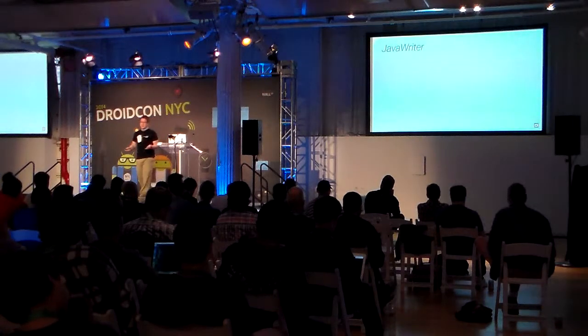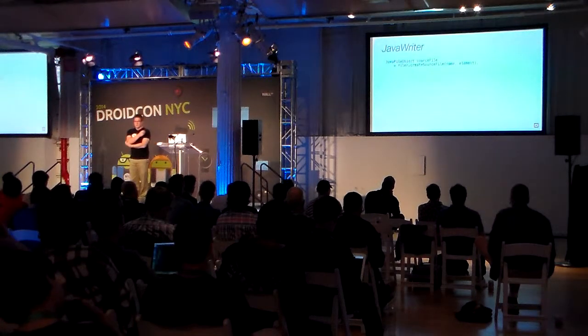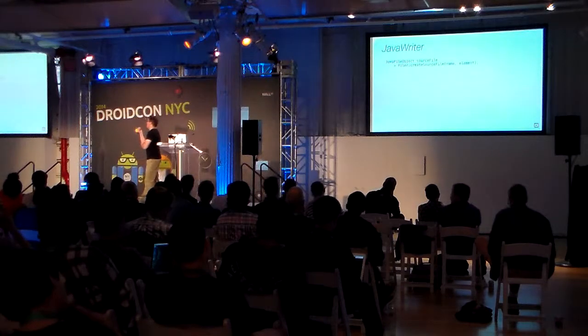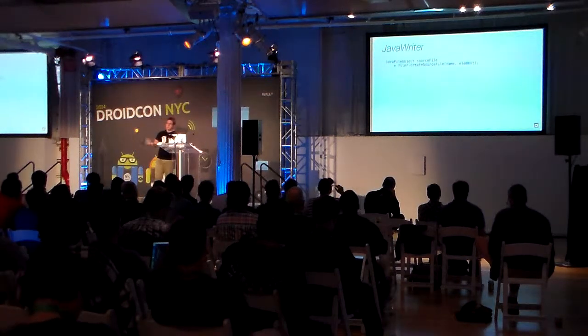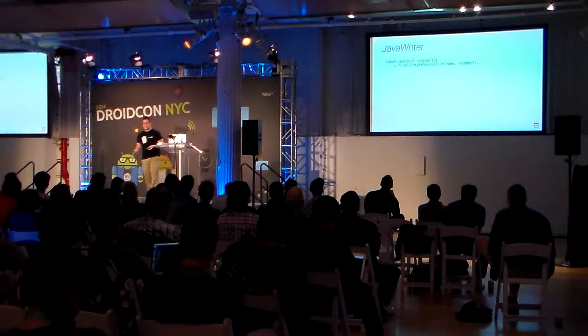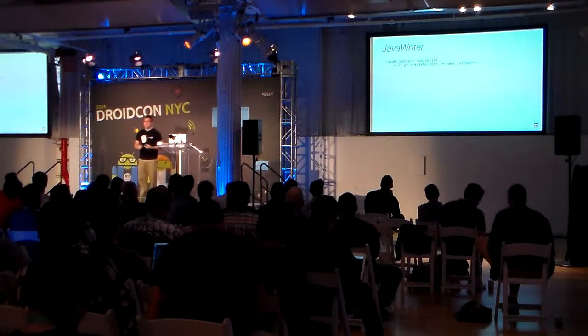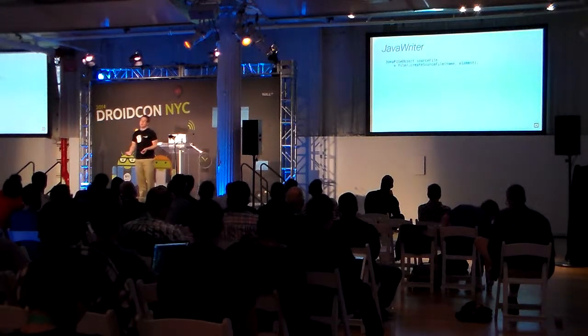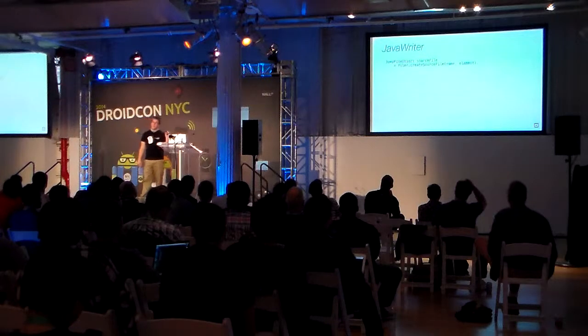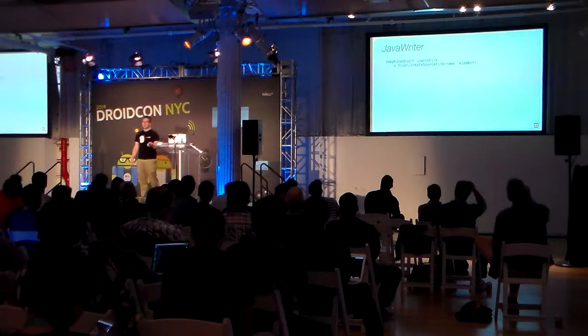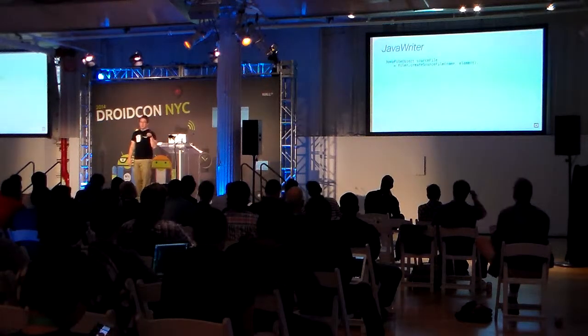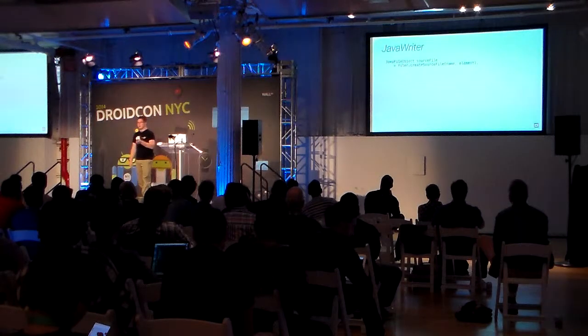Java Writer is going to allow us to very easily generate code. So I'm referencing the filer here, which is that object that we access from the processing environment to generate code. So this is the method that we call when we create a new source file. I'm passing in the fully qualified name of the class, and the second argument is actually a var args.